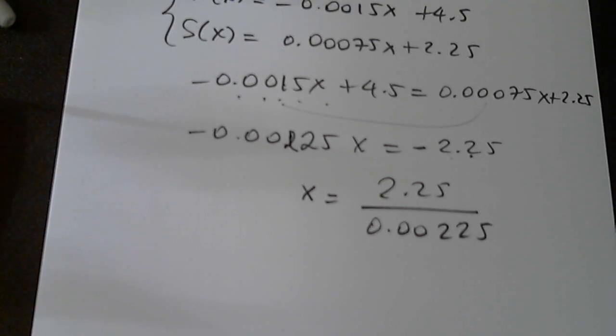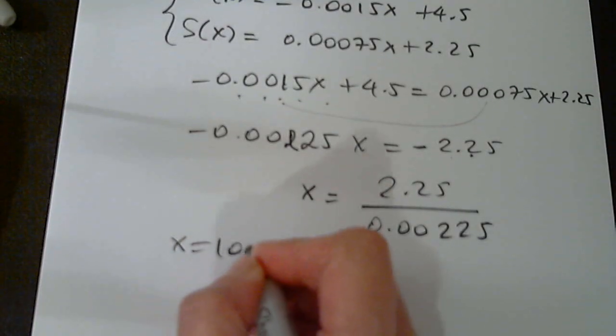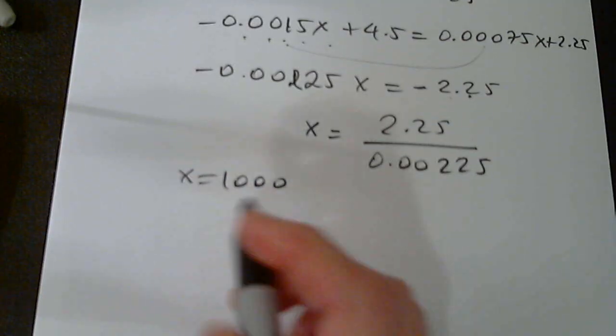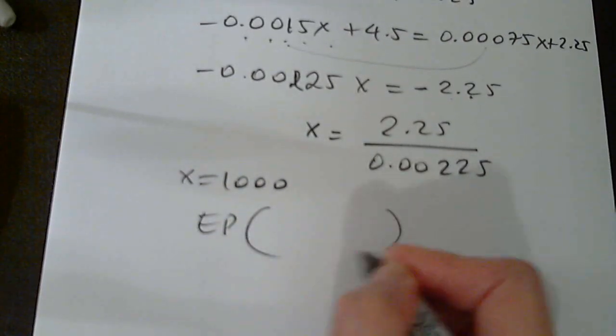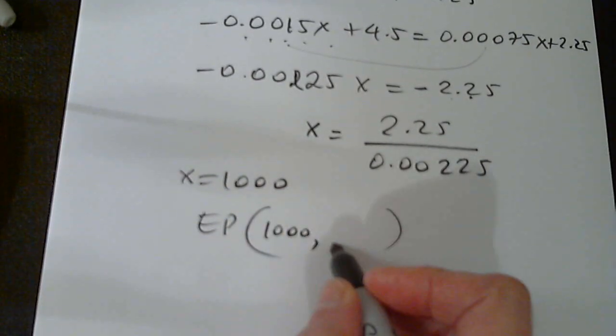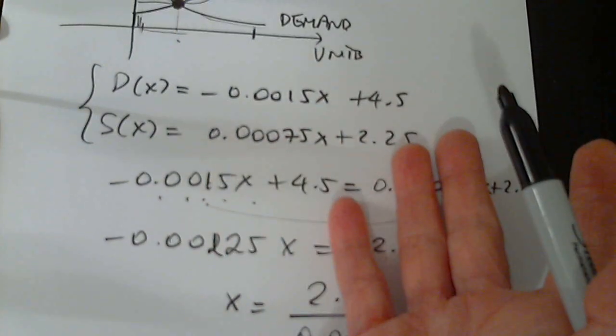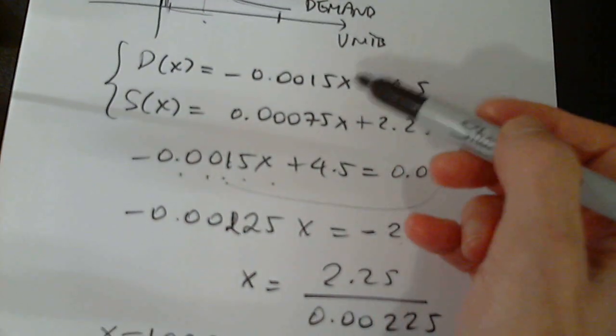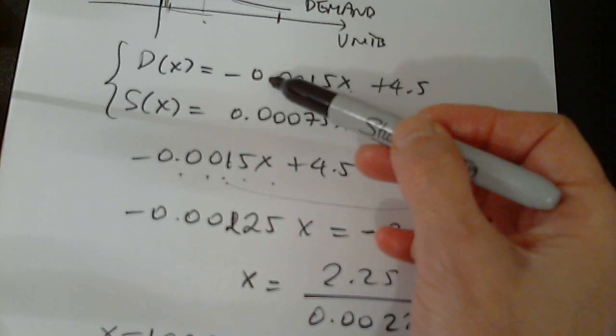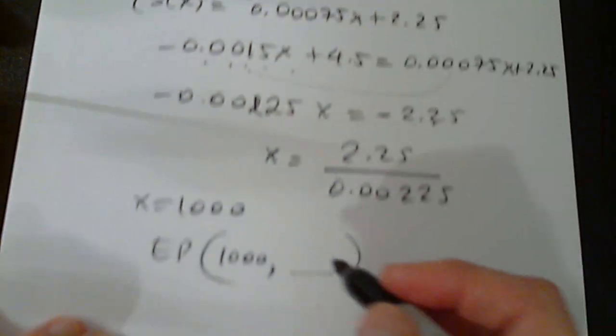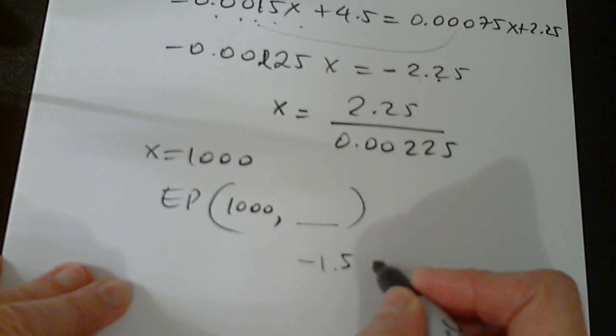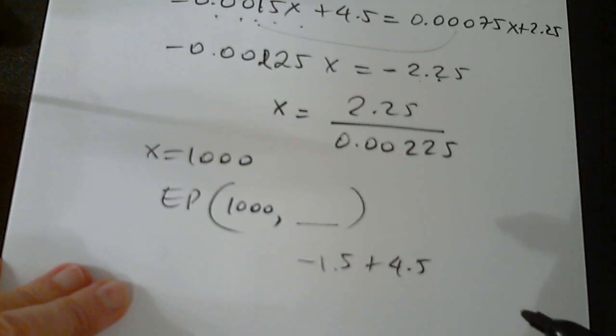Okay, 1,000. Yes, very easy. So X equals 1,000. In order to find the equilibrium point, we need the price too, and it doesn't matter where we go back and plug it in. So let's say I'm going to plug it in here. So 1,000 would be negative 1.5 plus 4.5, which is 3.